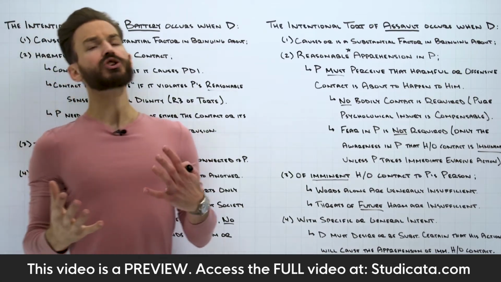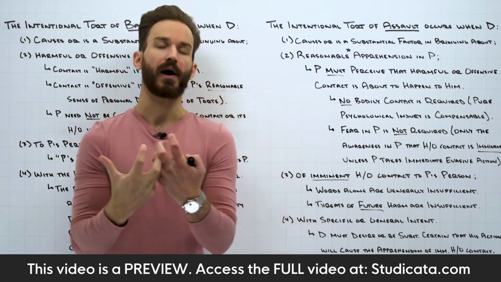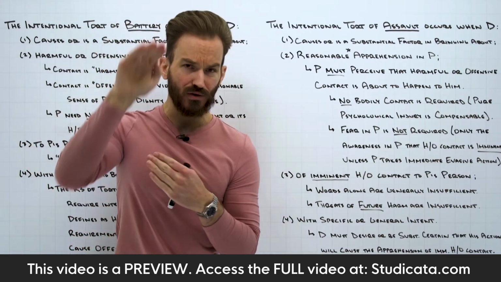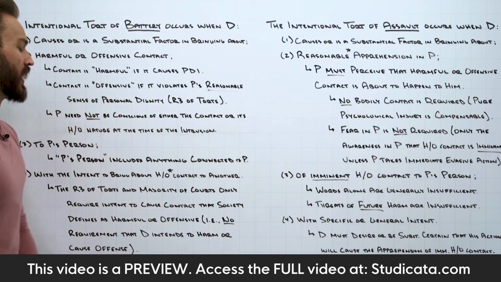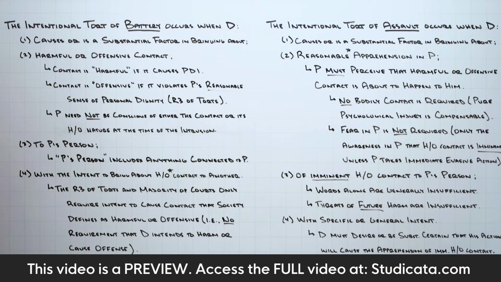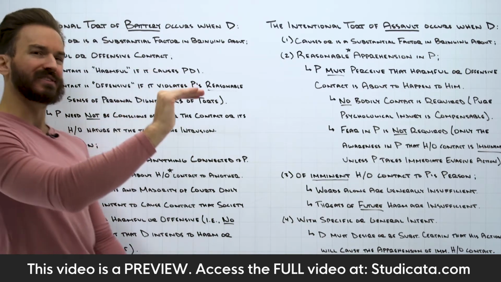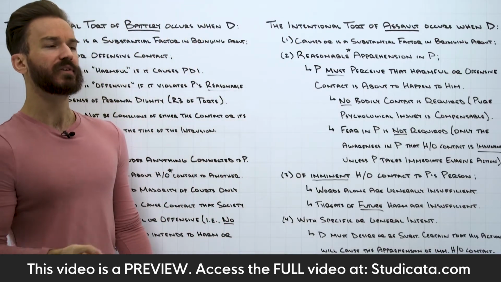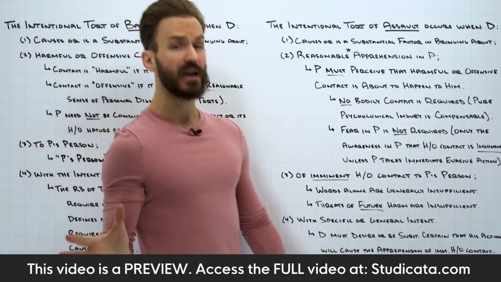So an issue that courts have had to grapple with when we're thinking about battery and that intent requirement is, well, what level of intent is actually required? Is it enough if our defendant intends to make any contact?